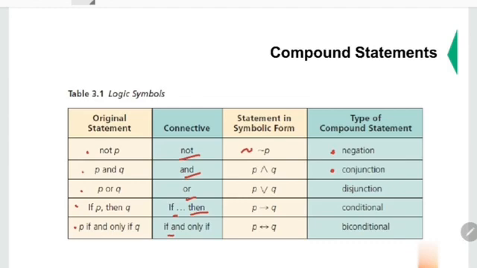If conjunction or and, yung connective, ganito siya. Like a letter A, and. If disjunction or yung ginamit mo, ito yung gagamitin mo. If then, arrow. If and only if, double-headed arrow. If and then, that's a conditional statement. If and only if, biconditional.